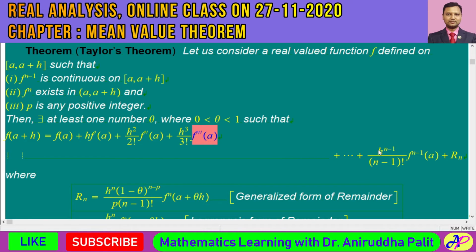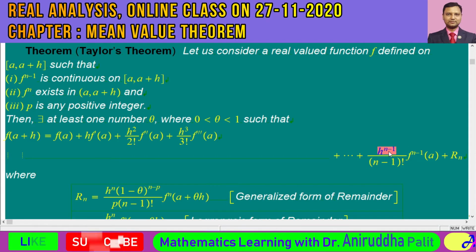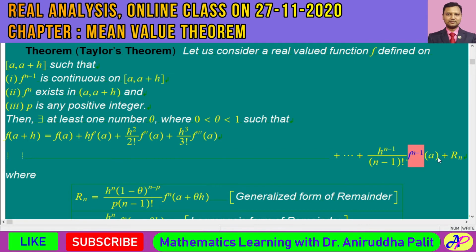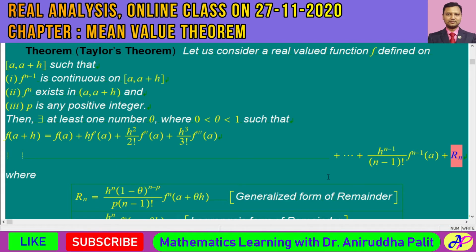Finally, we get the nth term, that is h^(n-1)/(n-1)! f^(n-1)(a), plus one more extra term.